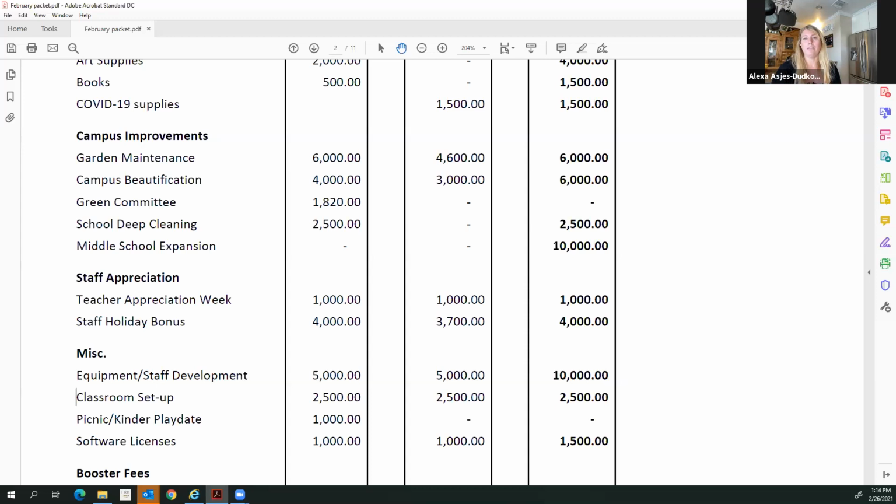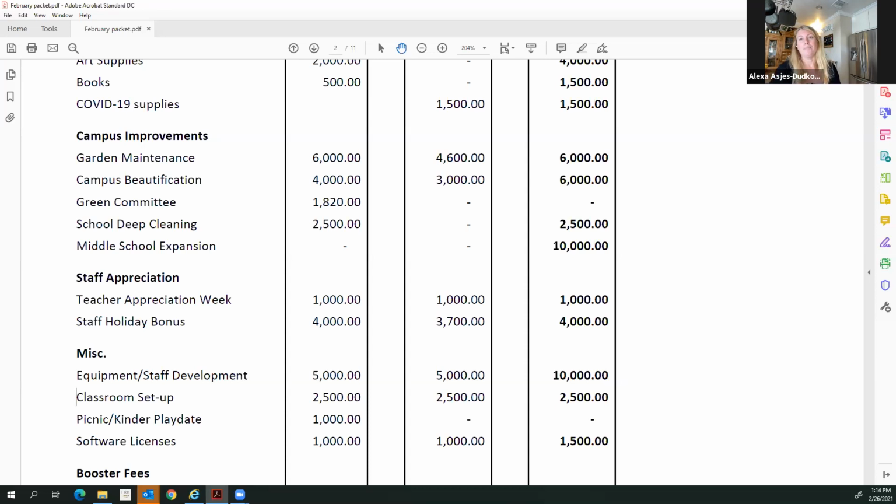But I know, from what Mr. G has said, that even just purchasing picnic tables, because a lot of them have been in better shape in better years, is pretty expensive.